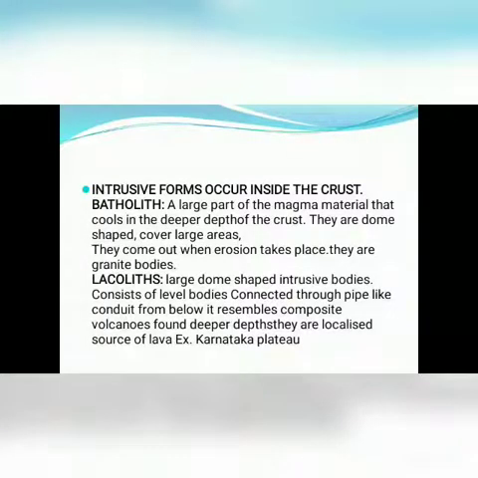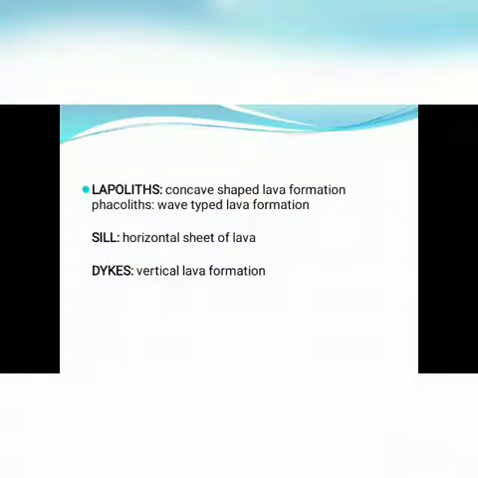Example, Karnataka plateau. Next is lapoliths, concave shaped lava formation, and phacoliths, wave type lava formation. Next is sill, horizontal sheet of lava. And the last one is dikes, vertical lava formation.